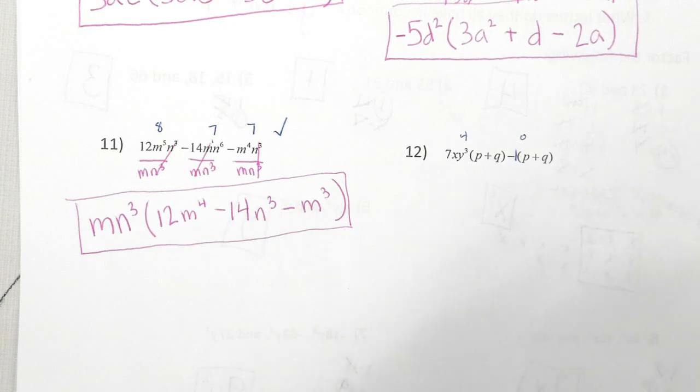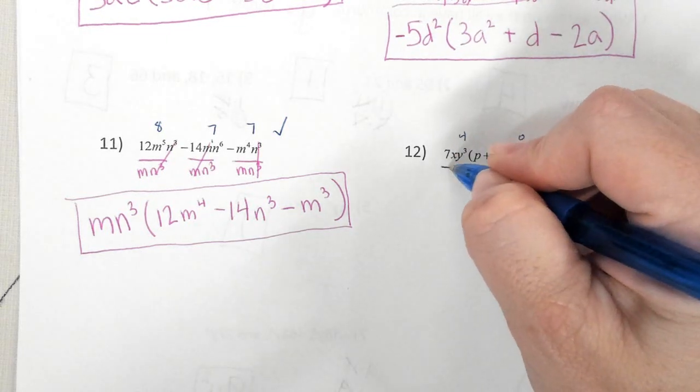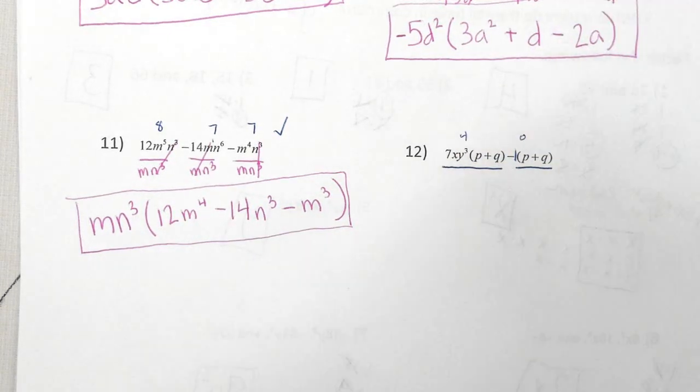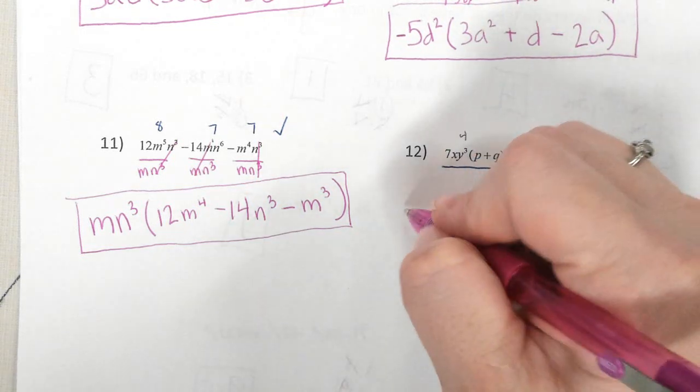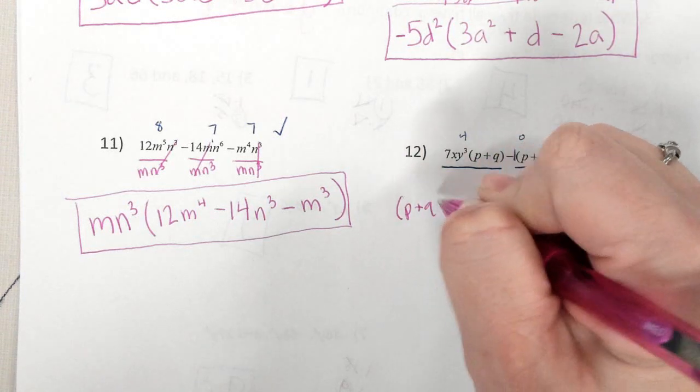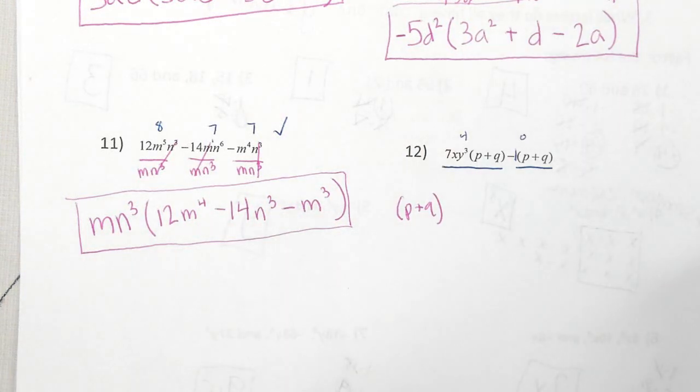What do they have in common? Because we're doing by term, and yes, they have plus, but this is a term, this is a term. What do those two terms have in common? The parentheses, right? Aren't the parentheses exactly the same? The P plus Q. So that's your GCF.